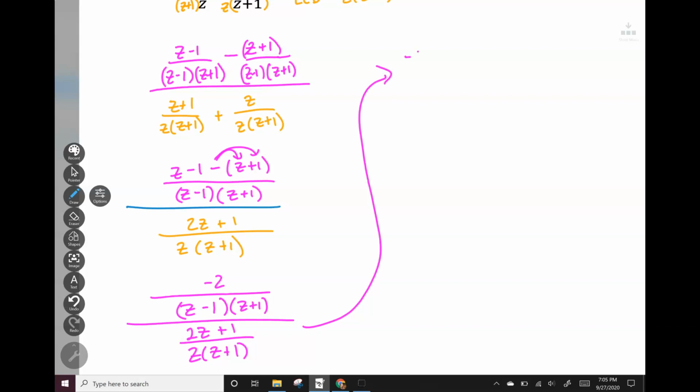So that's minus 2 over z minus 1 times z plus 1, divided by the denominator, 2z plus 1 over z times z plus 1. All right, now we're ready to perform the division.